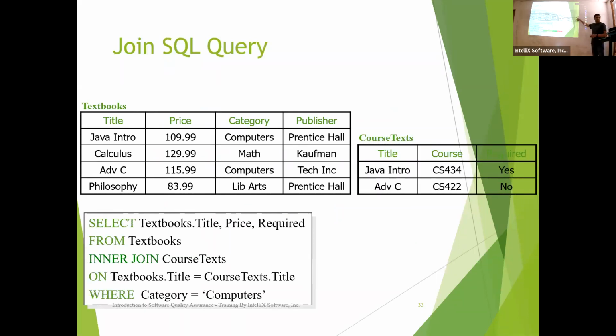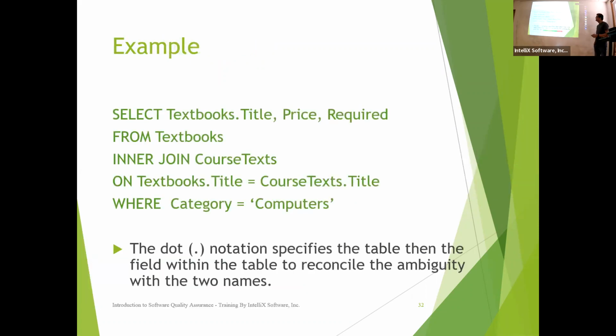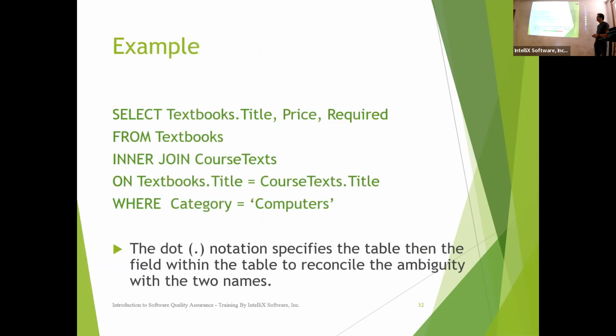We are selecting textbooks.title, price, but required is in course text. Yes, so I have to declare that too. Generally, when the field belongs to both tables, SQL gets confused.